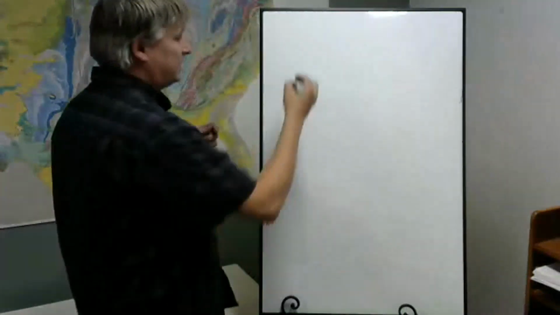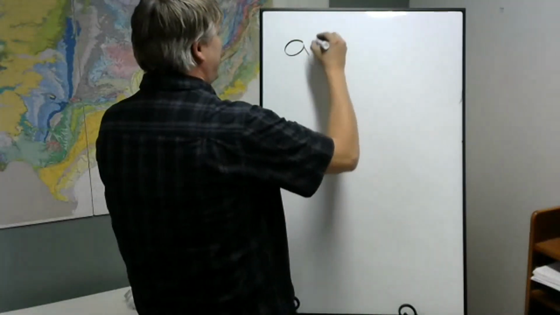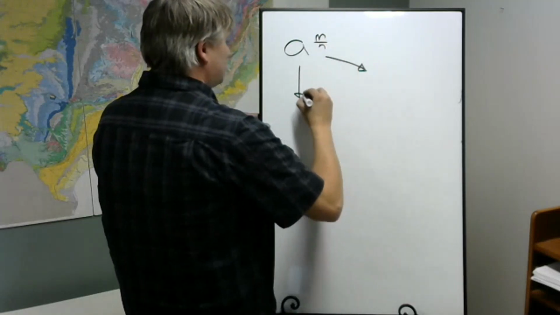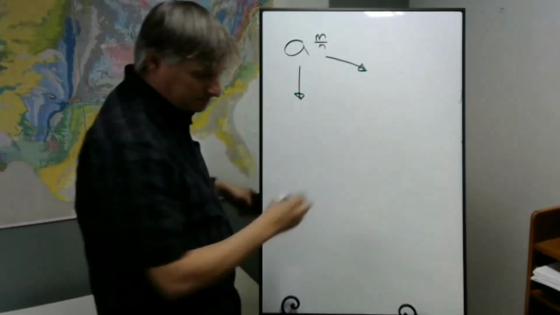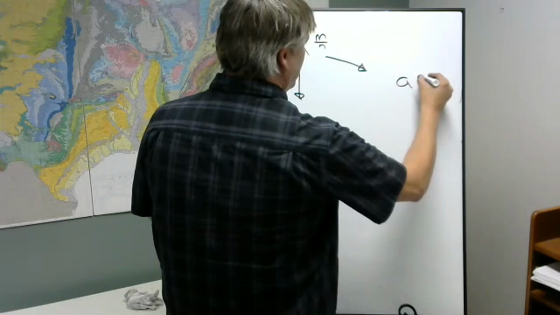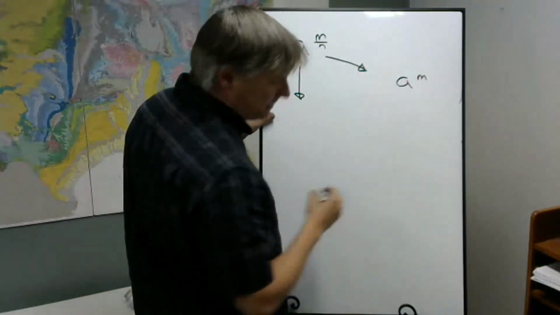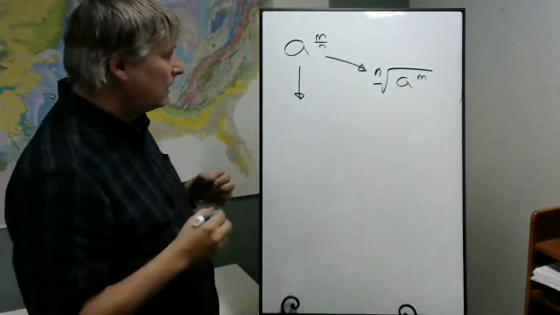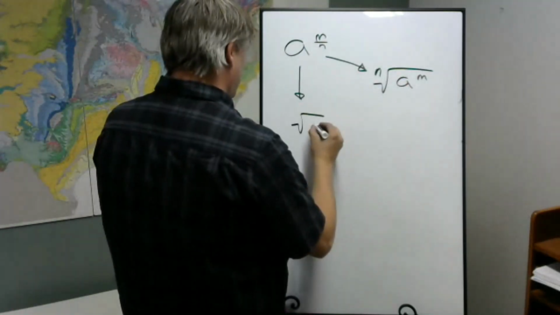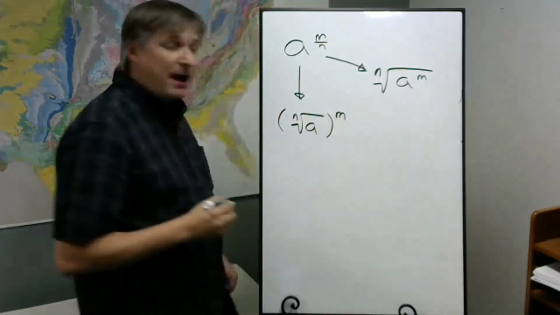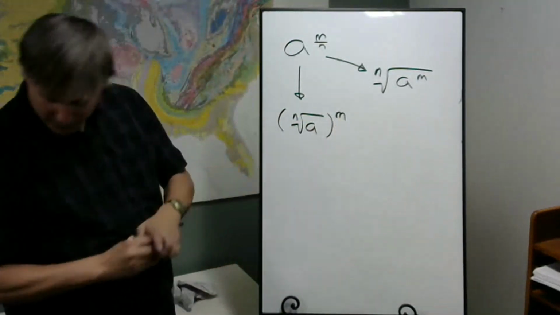So let's see. To summarize what's going on here, if you have a to the m over n, you can treat this one of two ways. You can calculate a to the m first, and then take the nth root. You could do that like we just did. Or you could take the nth root and raise that to the power of m. And there's a big warning here, though.